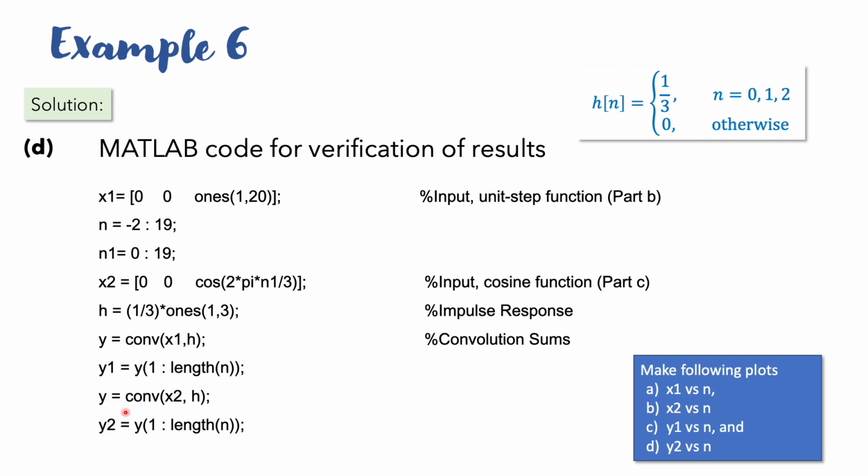And then this is our output for x2. This one was for our first input, this is for our second input x2, and convolution between x2 and h. Input with impulse response, and this one will give us its output.